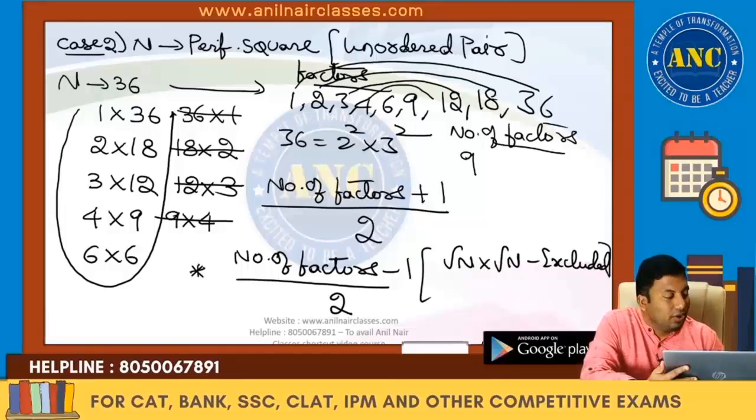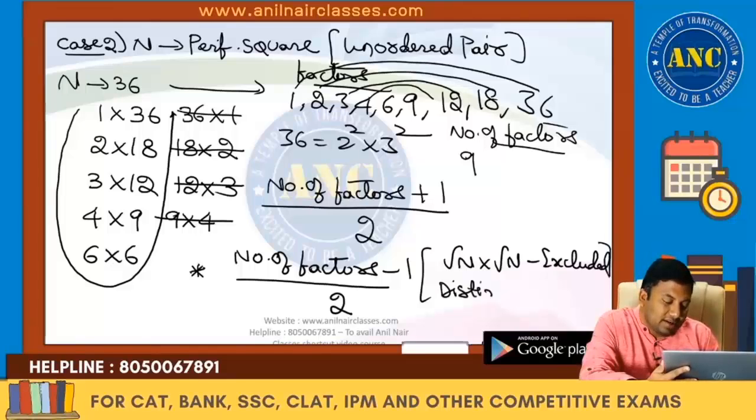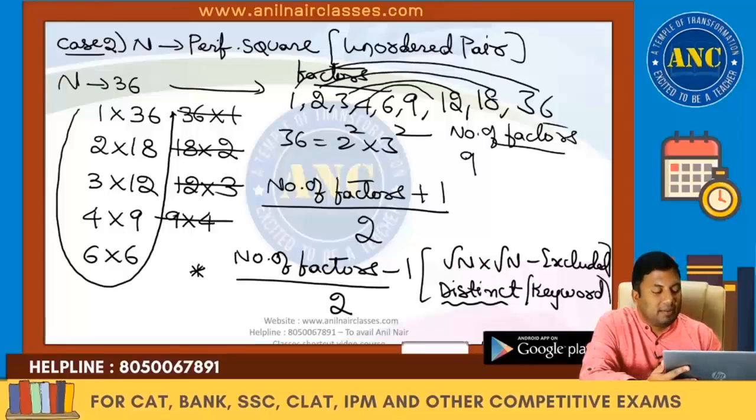When will we exclude? 4 and 9 are distinct, 3 and 12 are distinct, 2 and 18 are distinct, 1 and 36 are distinct, but 6 and 6 is not distinct. If the keyword distinct is there, the answer is the number of factors minus 1 by 2.